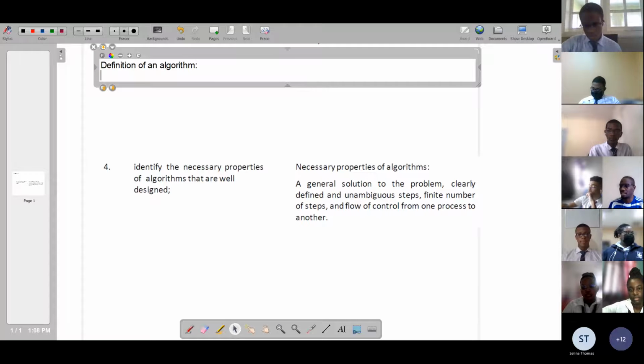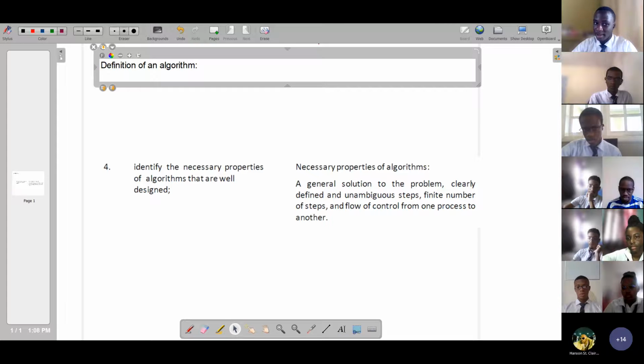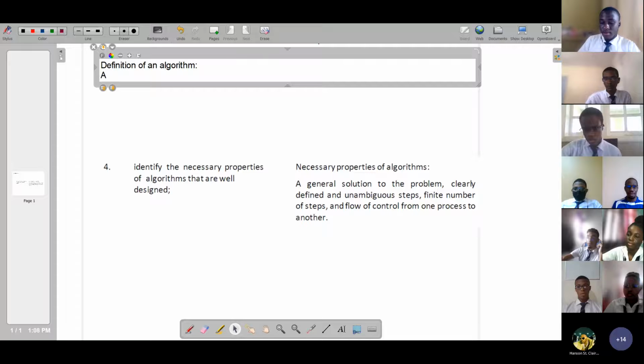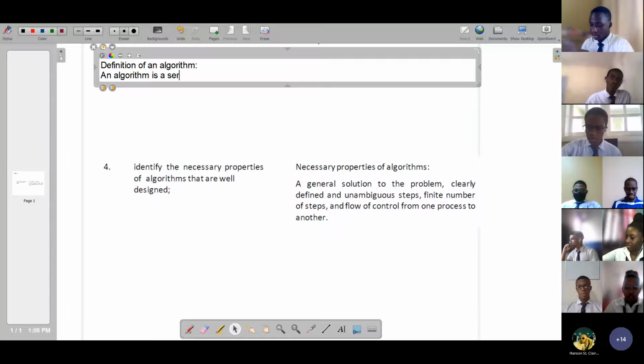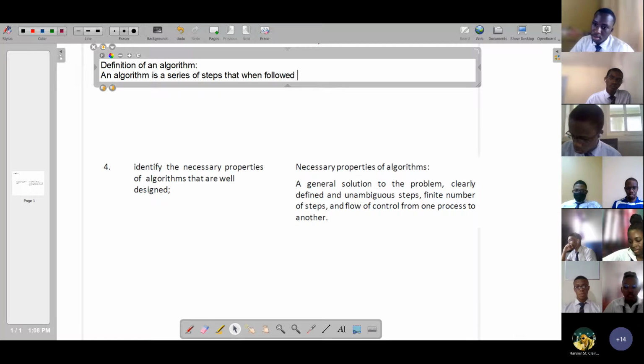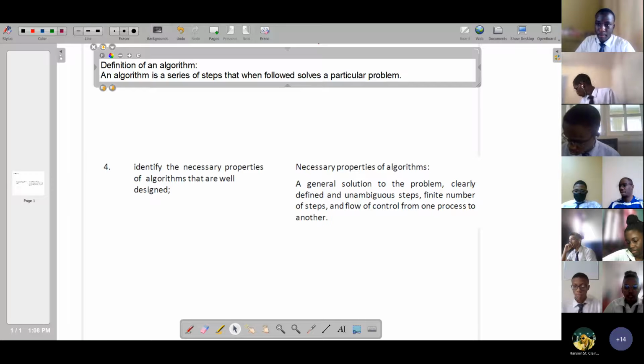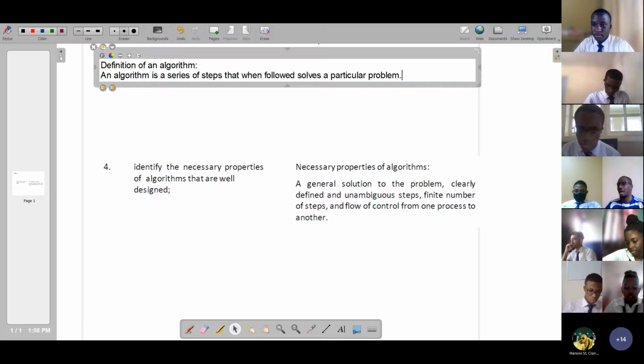So Real: a series of steps taken to solve a particular problem. Right, that part I was looking for. So I'm happy with the series of steps. An algorithm is a series of steps that, when followed, solves a particular problem. It comes back to what I was saying just now.